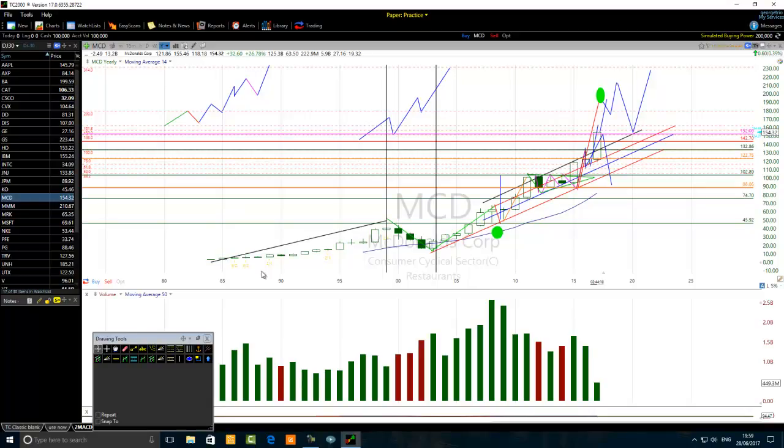So we have the first wave of a higher degree, which is this one, all right? And then we have the second wave of a higher degree, this one here. Now, we are in the third wave of a higher degree. And that third wave is being subdivided into 5 Minor waves. Okay, 1, 2, 3, 4, 5.